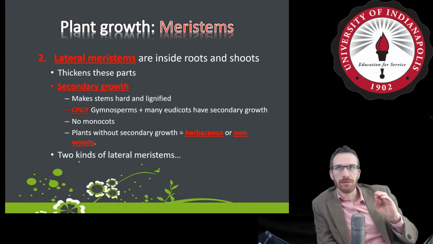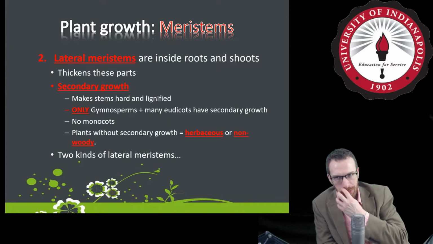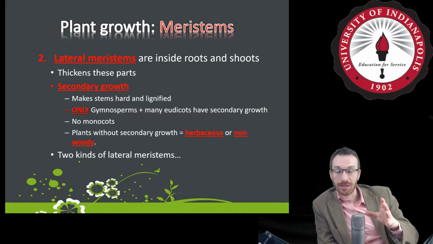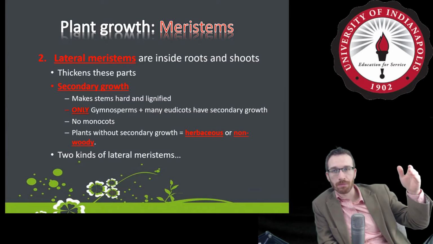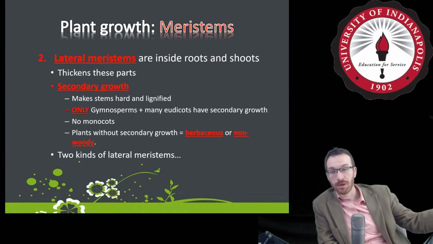Now, I should stop for a second here because this is slightly confusing. So, all plants have lateral meristems, but some plants have those lateral meristems creating secondary growth.